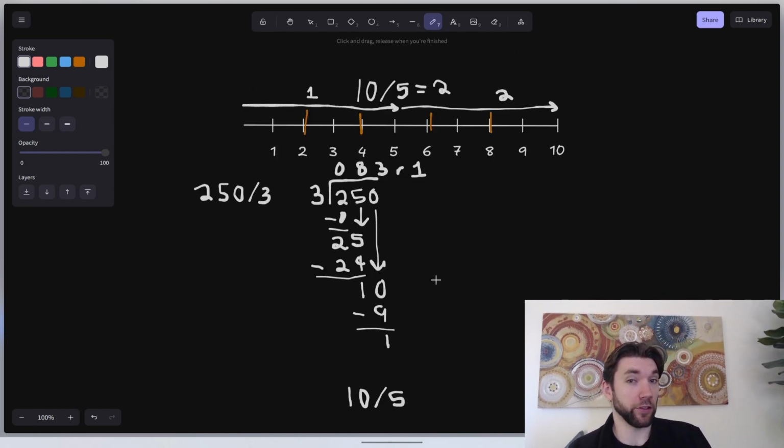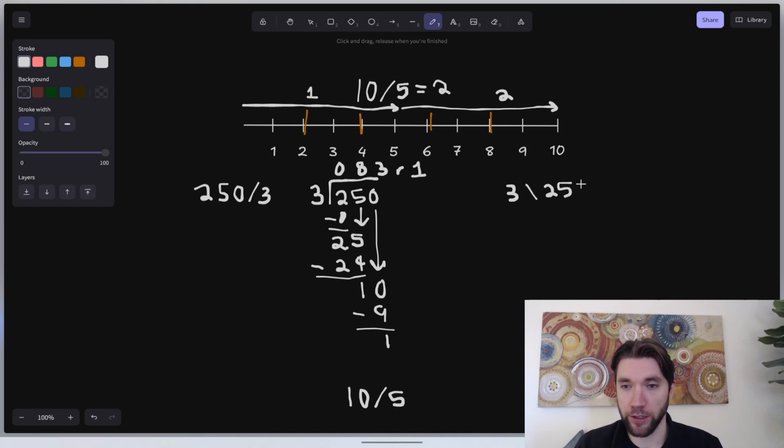Looking back at this example we worked through using our new vocabulary, long division is sort of the 250 by 3 way of working through the problem. So how can we work through the problem in the 3 splits 250 kind of way? Well, let's just ask ourselves, when you do 3 splits of 250, what's the answer?